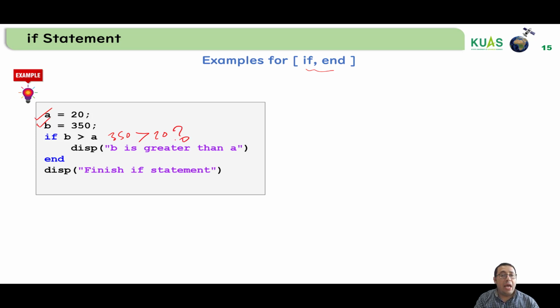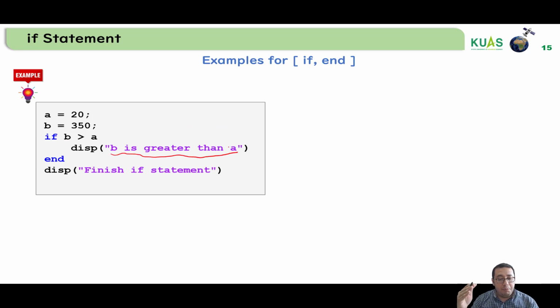This question has a true answer because yes, B is greater than A. Since this is true, the inner part will be executed. Display means that it will print what is inside the parentheses on the screen, so display will print this part on the screen.